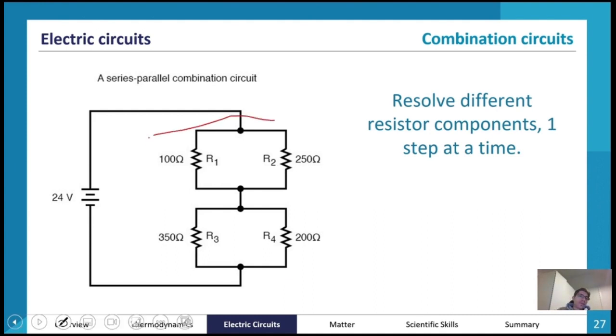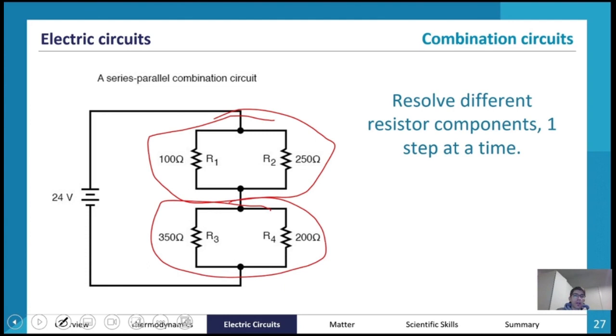First of all, we need to solve what we have here. We have two resistors which are in parallel here and two resistors which are in parallel. If we solve those two, then we will finally get two resistors which are connected in series to each other.